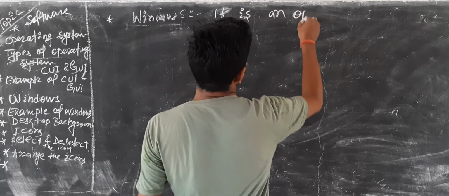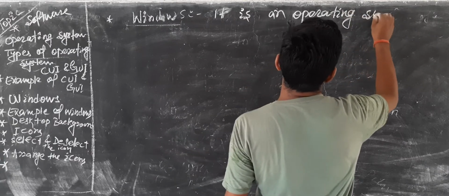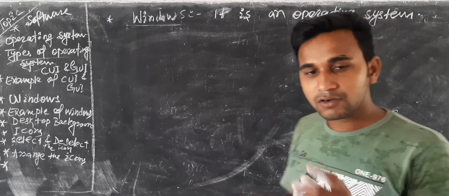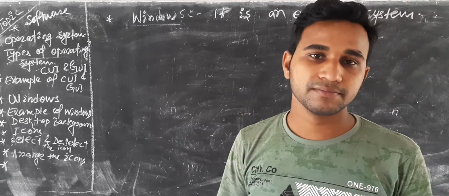An operating system. It is an operating system. Without an operating system, we can't do anything in our computer system.